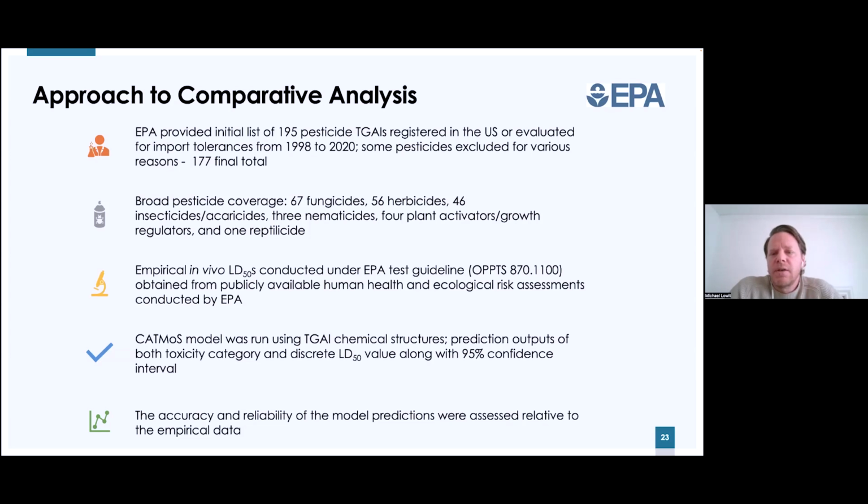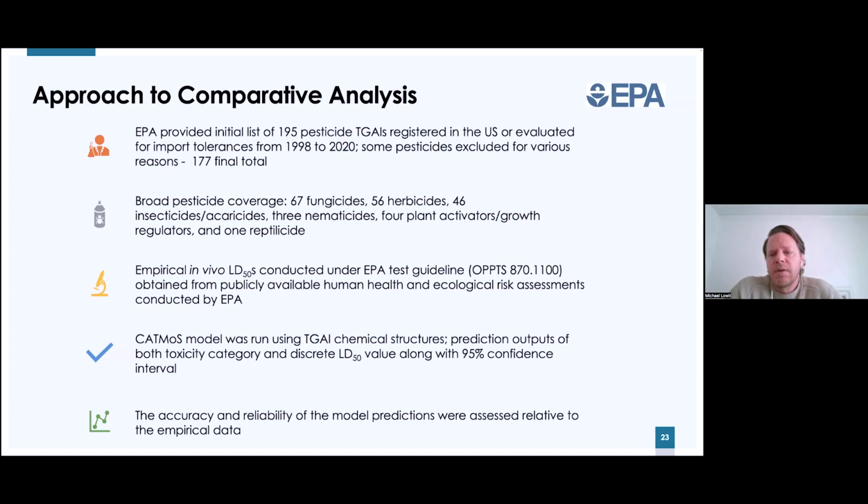After data set curation, we had 177 chemicals with in vivo data to compare to CAPMOS predictions. The data set curation included considerations such as the removal of rodenticides, because EPA would unlikely grant a waiver for that type of chemical. The final data set had broad and relatively even coverage among herbicides, insecticides, and fungicides with a few additional modes of action.